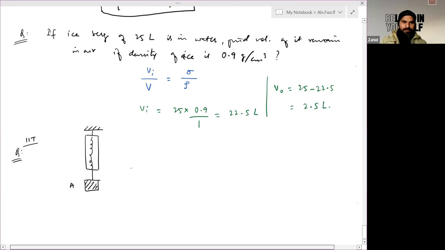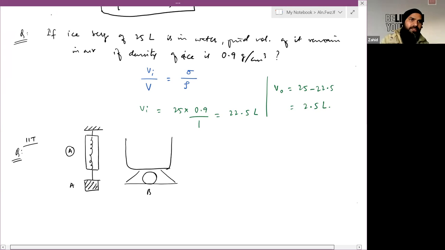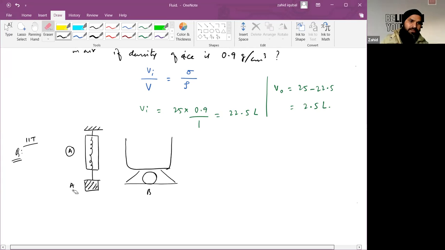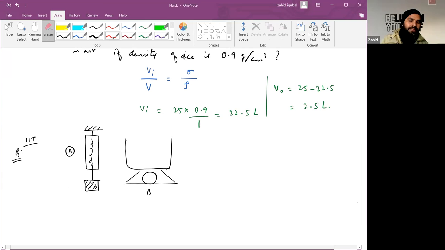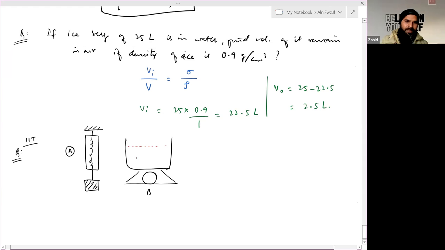Similarly, a pan containing liquid is placed over another measuring tool B. This is a spring balance, let's say A, which is measuring the mass or weight of this block, which is hanging freely under the effect of gravity. Now suppose the liquid in a pan is placed over another measuring tool B. Is it clear?